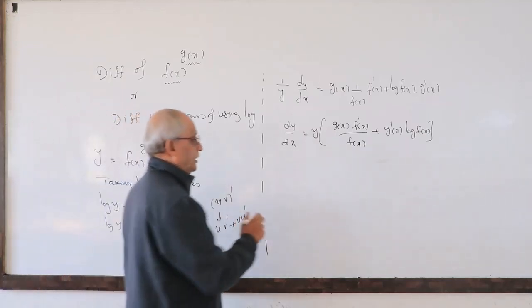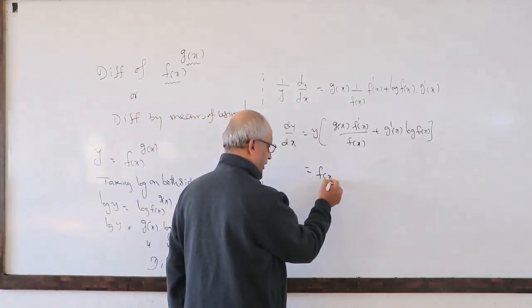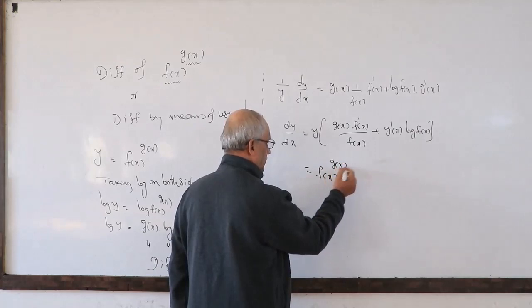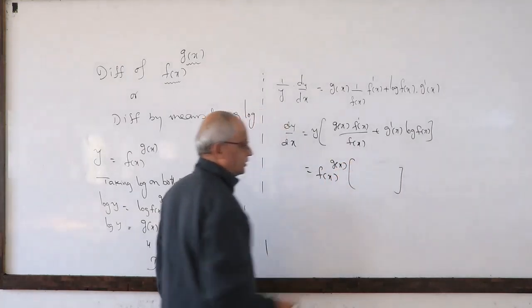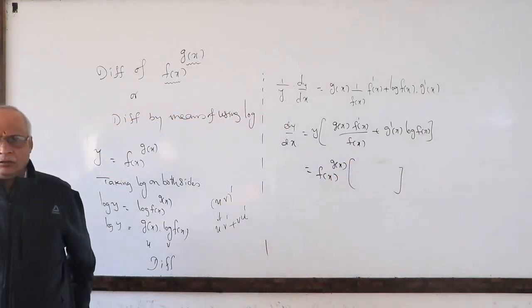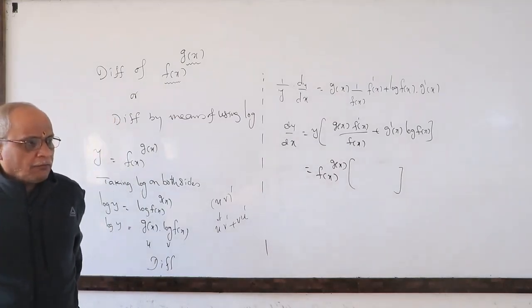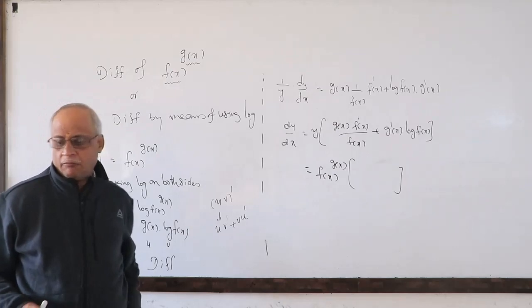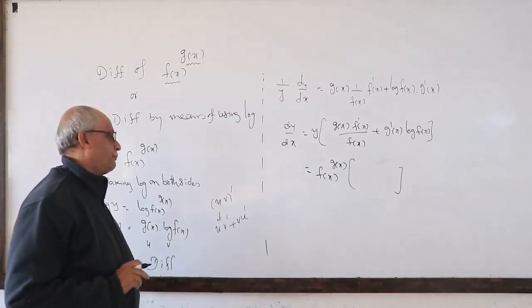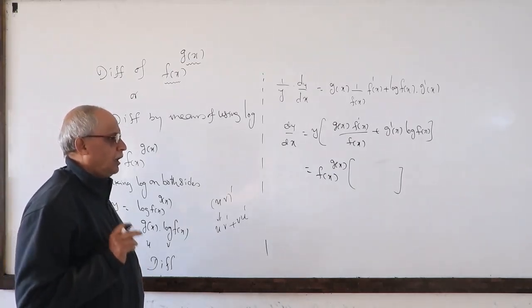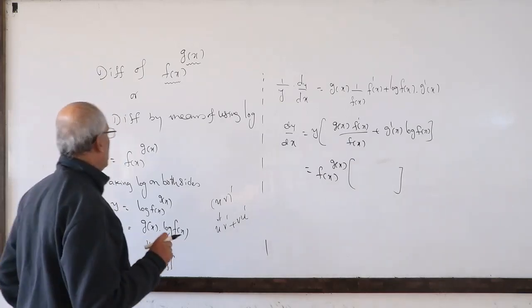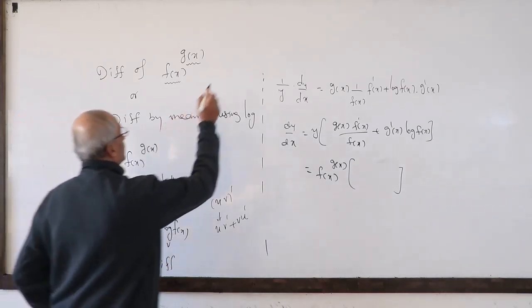Then f(x) power g(x) multiplied everything. This is the general rule of differentiating a power function by taking logarithm. That is why this is called logarithmic differentiation.